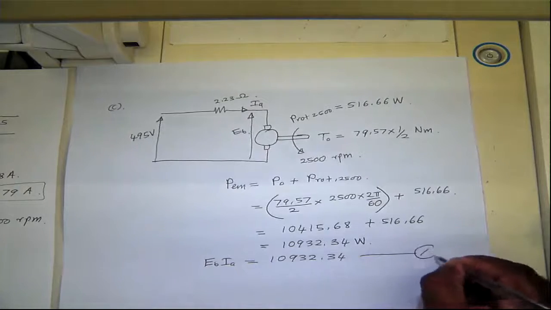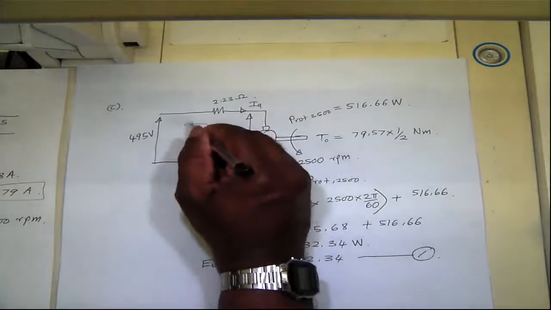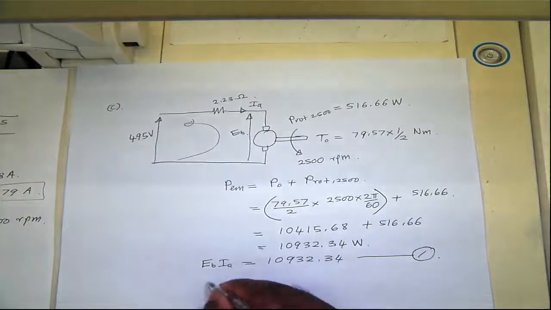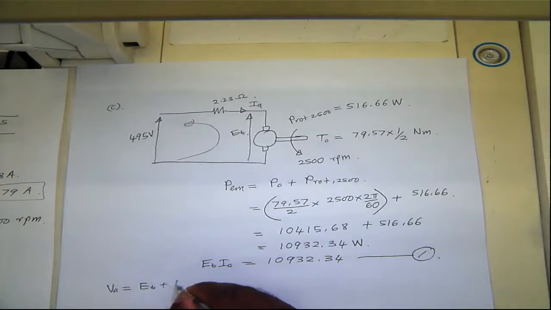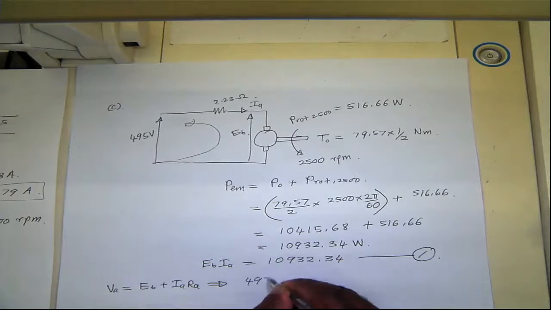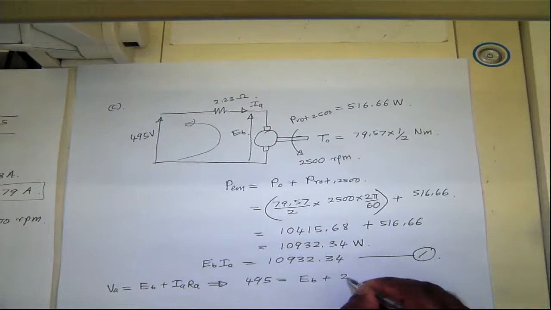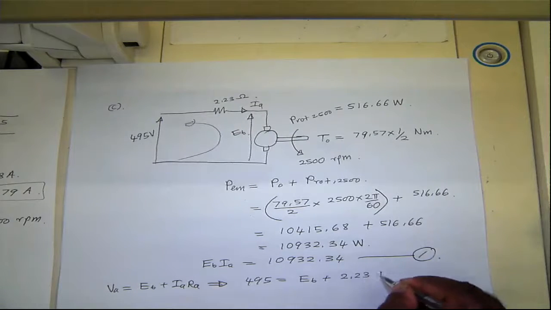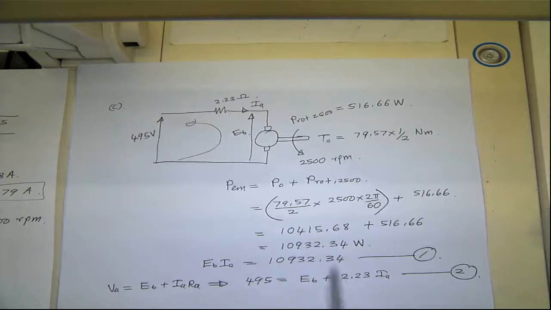This is the first equation. And then the voltage loop equation is VA equals EB plus IARA. That's 495 equals EB plus resistance 2.23 times IA. That's the second equation. Everything else is the same except this value here.